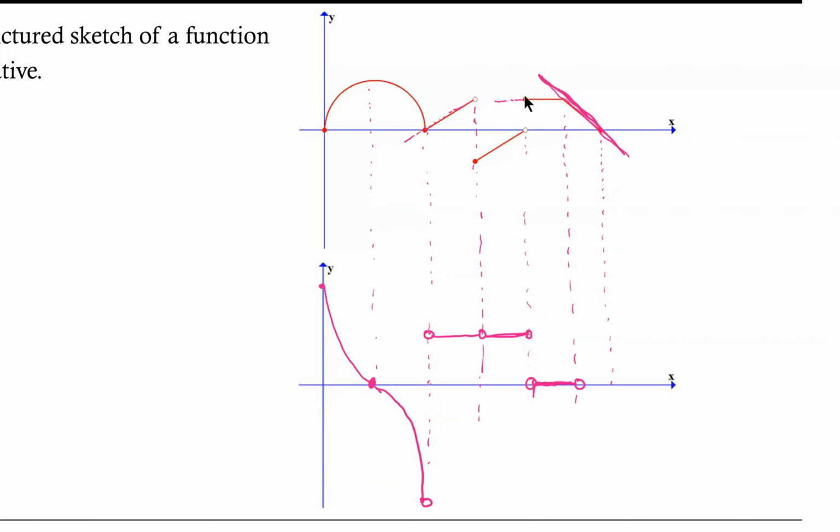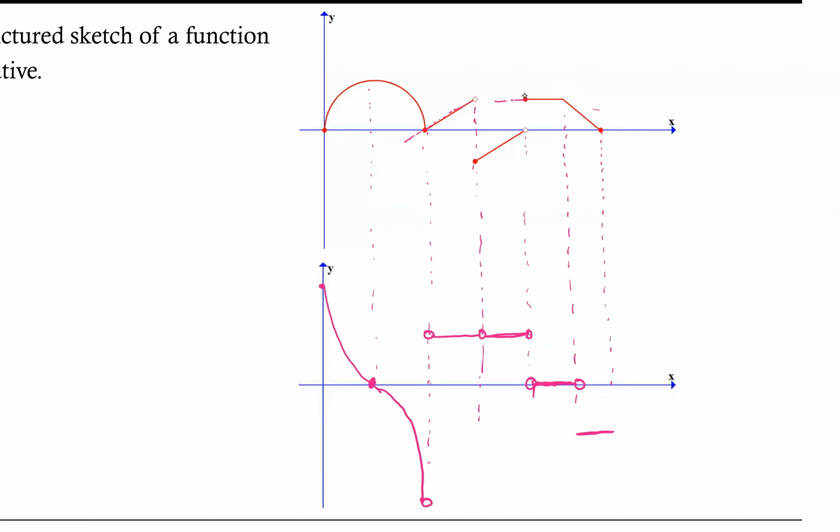And notice that that is decreasing, or the slope of that tangent line is negative. So that means my derivative is negative. And so we'll estimate, and based on what I estimated for the positive slopes, I'm going to estimate that this negative slope, this negative derivative, is right about there.